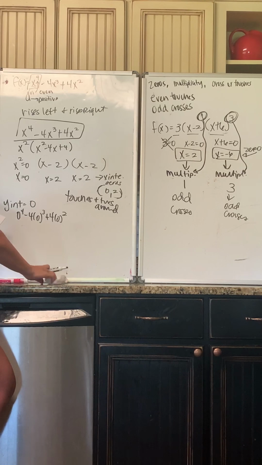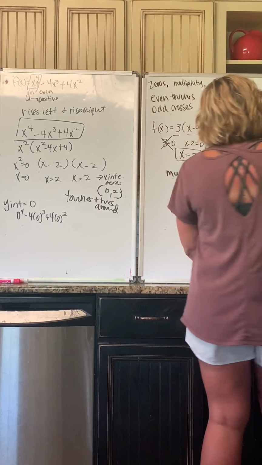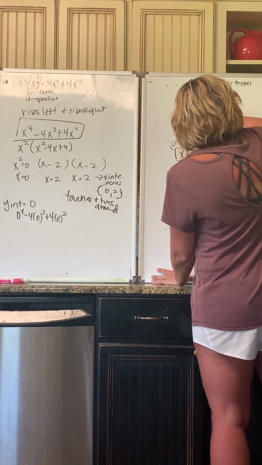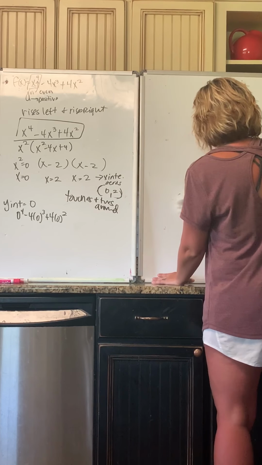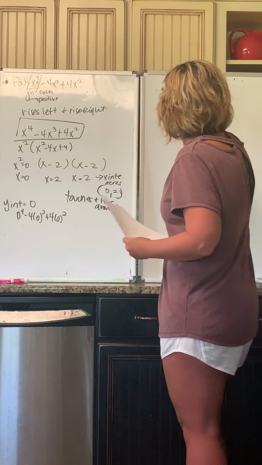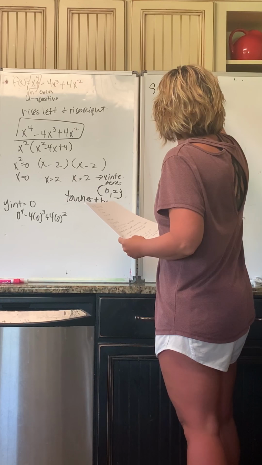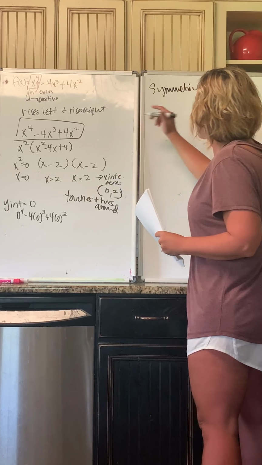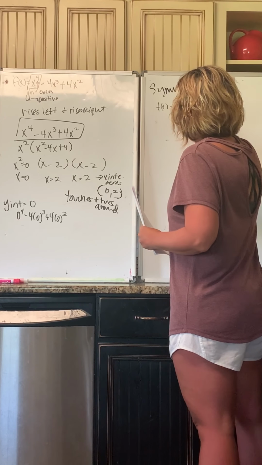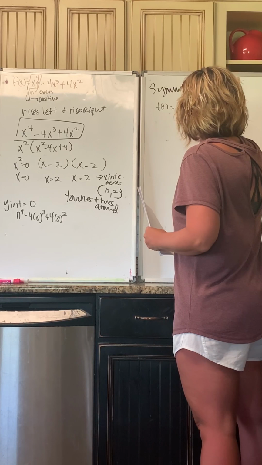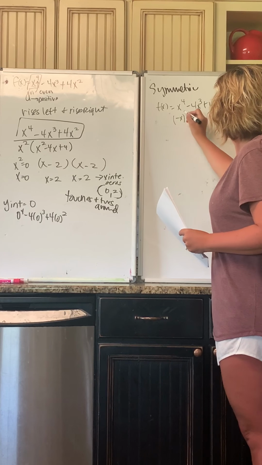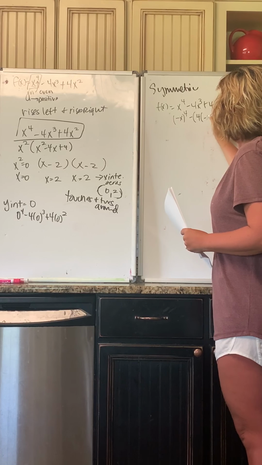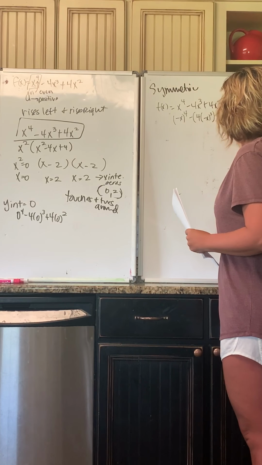Now, the way you know if this problem is symmetric: you take your original problem, x to the fourth minus 4x cubed plus 4x squared, and you plug negative x in. So negative x to the fourth minus 4 times negative x cubed plus 4 times negative x squared.